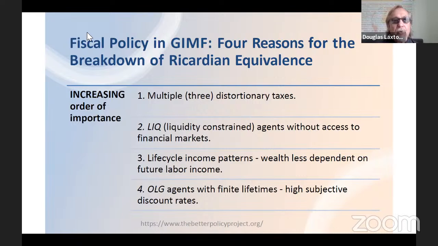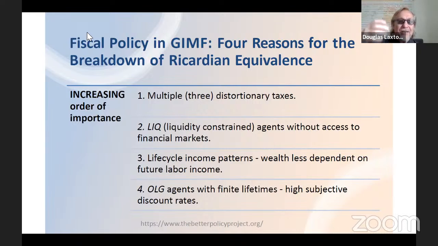And so in these models that have overlapping generations, just as the work of Franco Modigliani and Milton Friedman argued, when you look at real world consumption behavior, the life cycle features of households are very, very important. So it's like they plan for the resources that they have available over their lifetime.